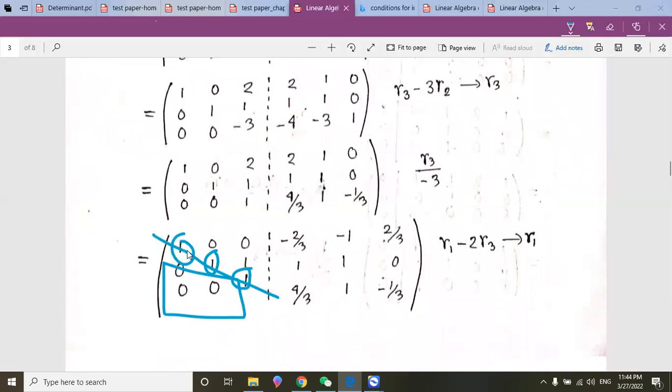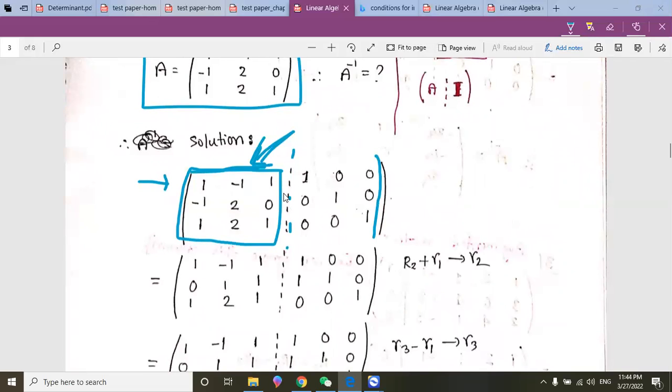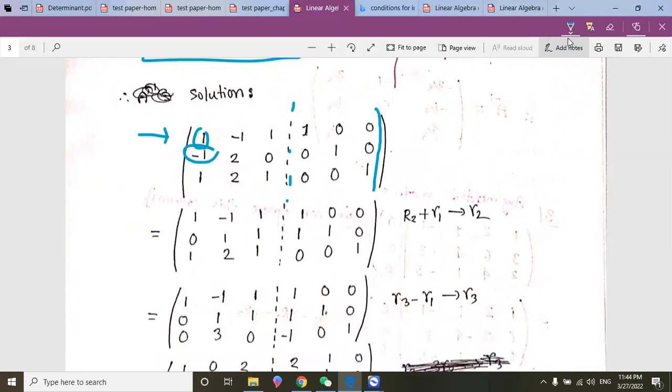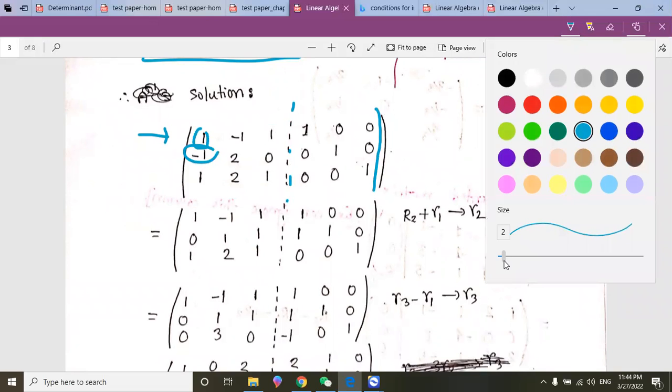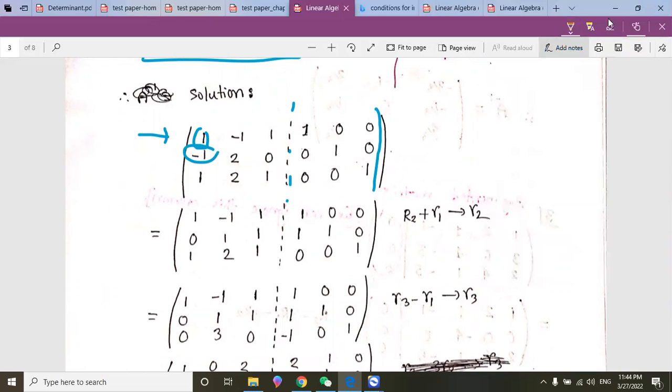Okay, so just see the numbers. We have 1 here and we have minus 1 here, right? Okay, let me change the color. So if you add these two numbers, 1 plus minus 1, it will be 0, right?